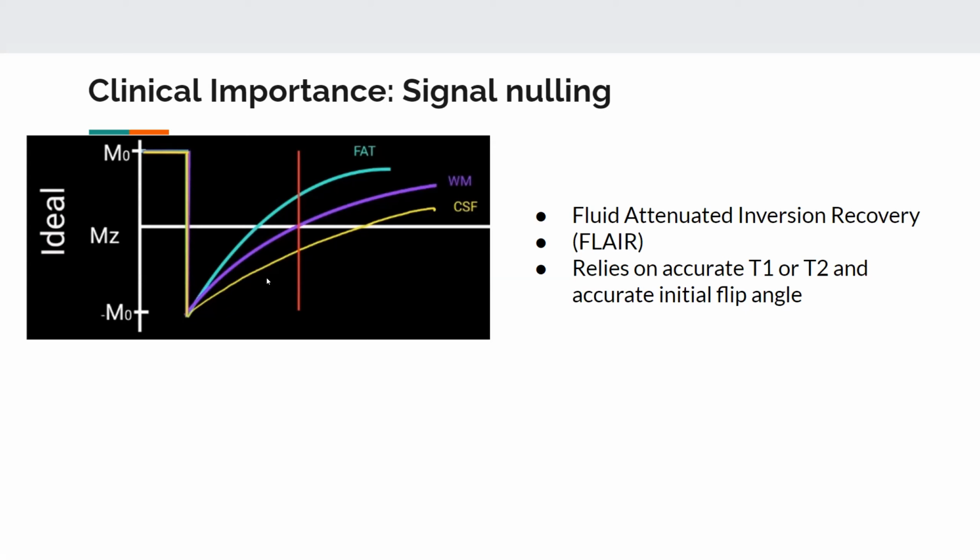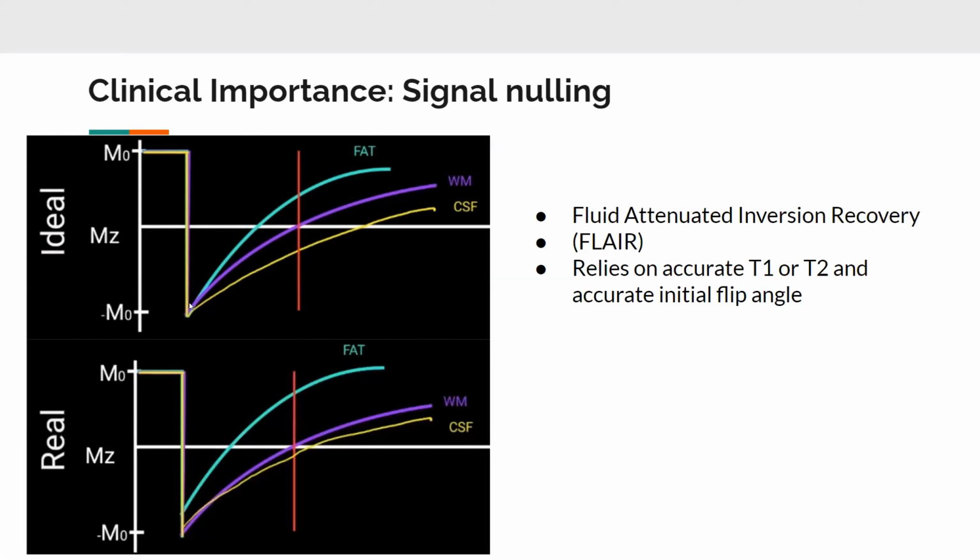But this is only under an ideal case where you apply a perfect 180. In reality, there are some spins that see less than or greater than a 180 flip. So in this case, instead of getting full negative Mz, you'll have a little bit less than that.